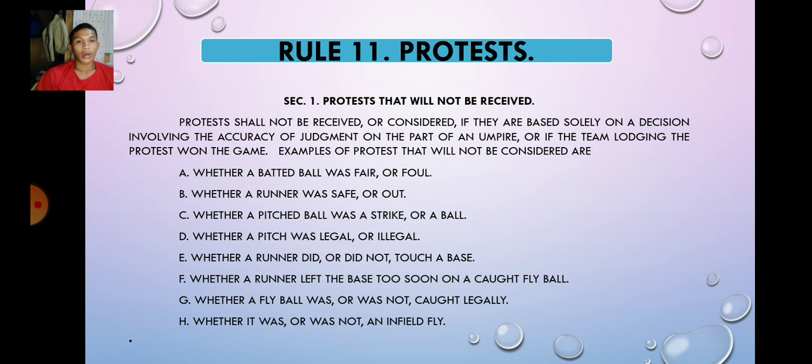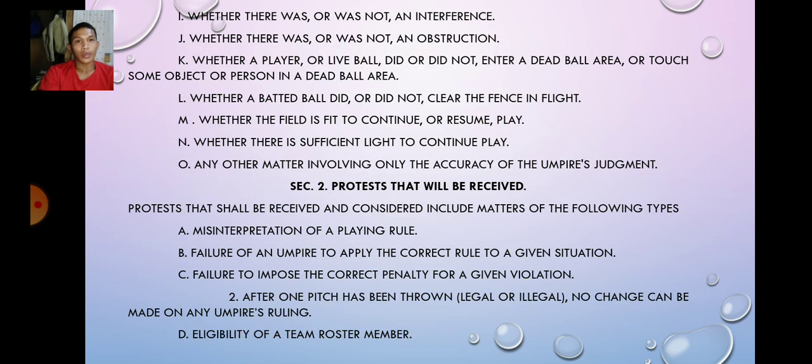G. Whether a fly ball was or was not caught legally. H. Whether it was or was not an infield fly. I. Whether there was or was not an interference. J. Whether there was or was not an obstruction. K. Whether a player or live ball did or did not enter a dead ball area or touch some object or person in a dead ball area.